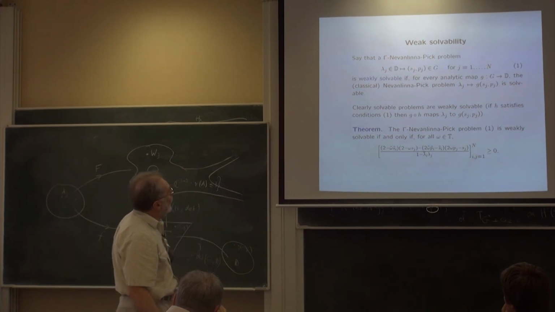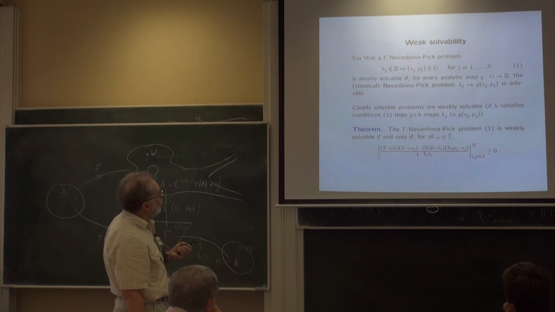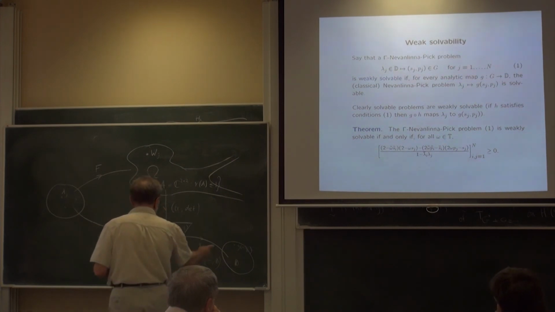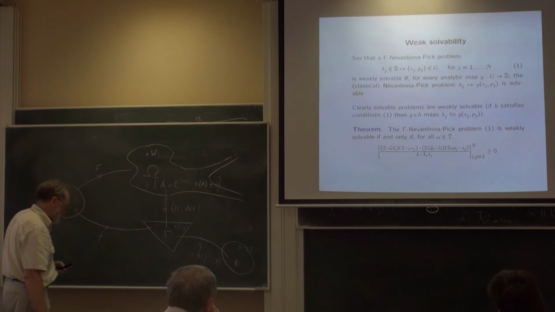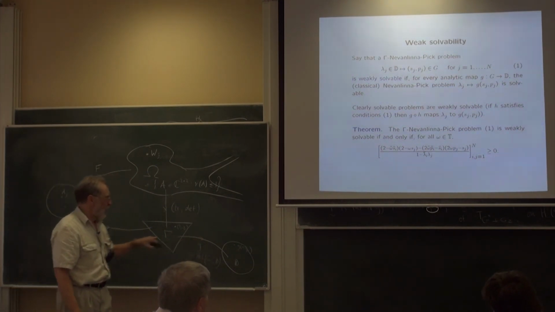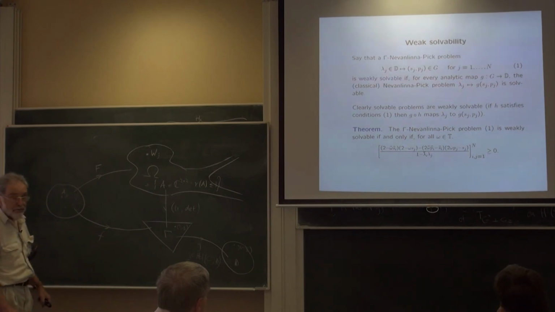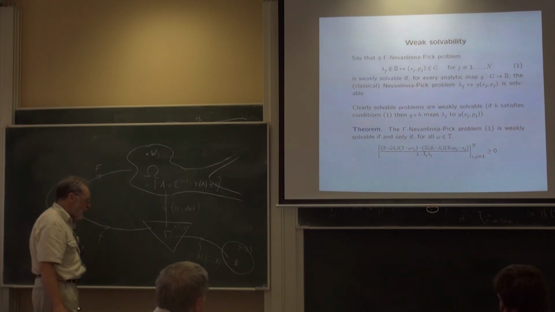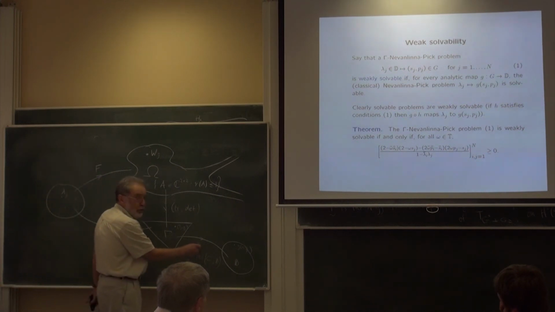So if G satisfies those conditions, then we get a solvable classical Nevanlinna-Pick problem. And so it will follow that the Pick matrix corresponding to each of these is positive. In fact, it turns out that you don't need to look at all possible G's.